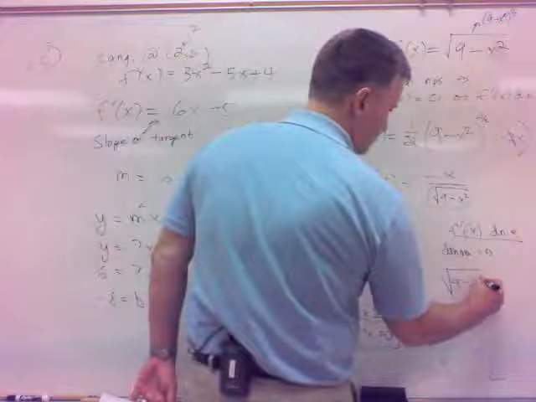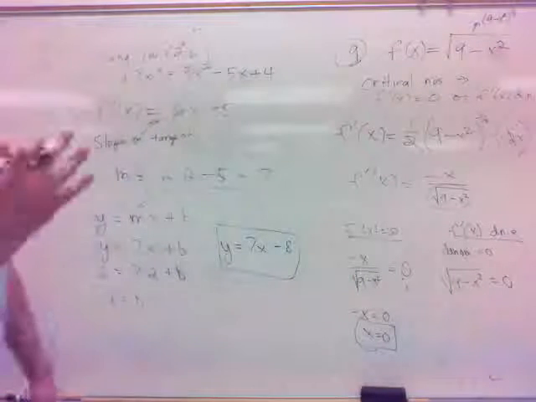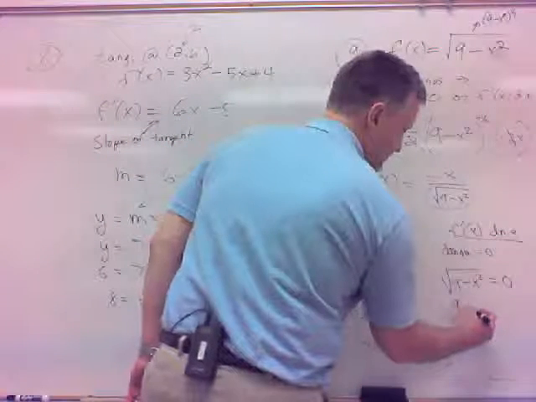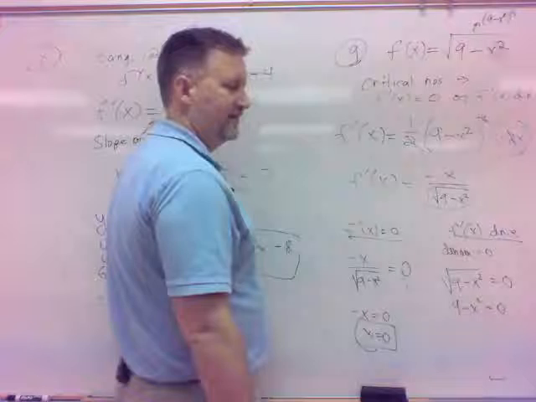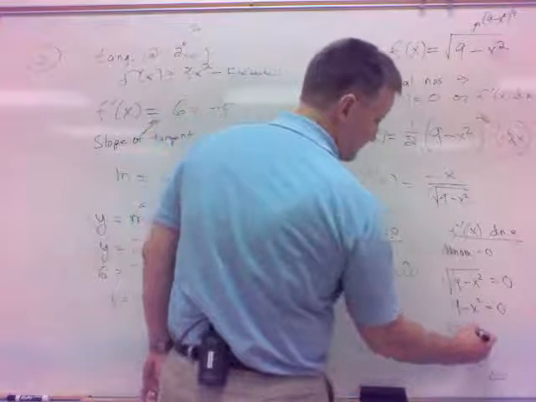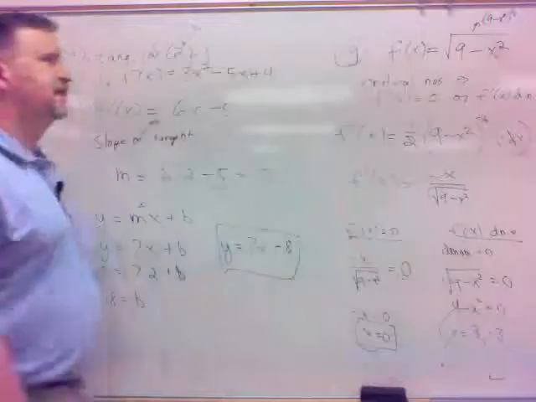Well, it'd be where the square root of 9 minus x squared equals 0, which, squaring both sides, is just 9 minus x squared equals 0. Where would that be? Plus or minus 3. 3 or negative 3.